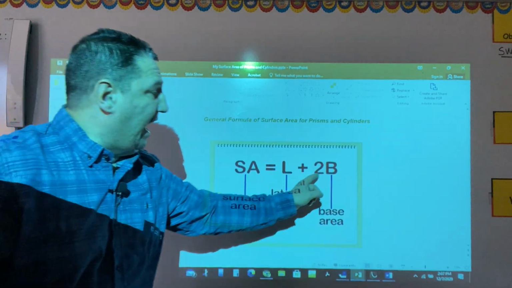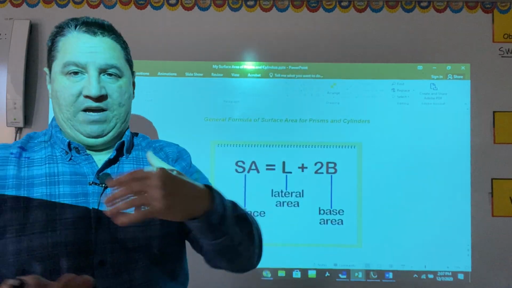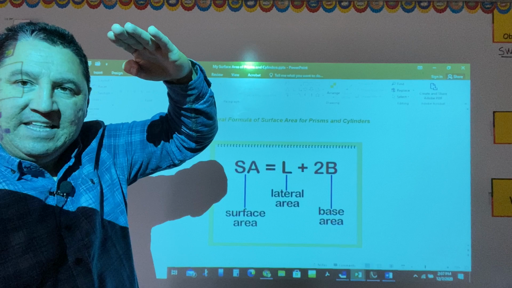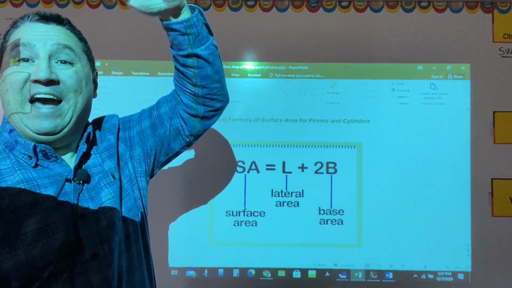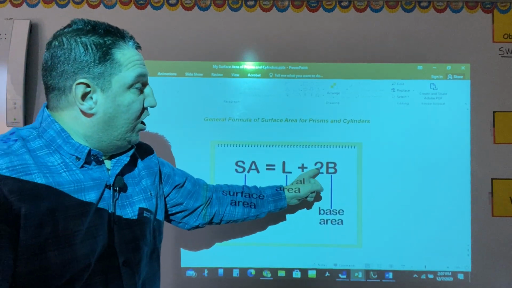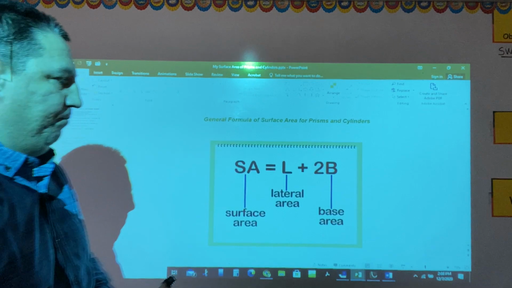Why 2 times? Because for a prism and a cylinder, we have two identical bases, two identical ends. If you add them, you get 2 times B.